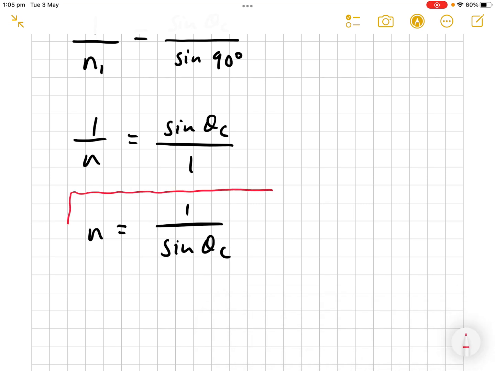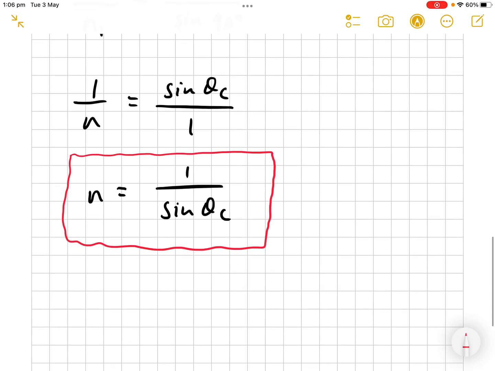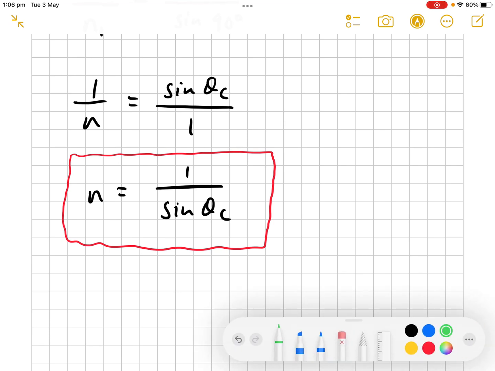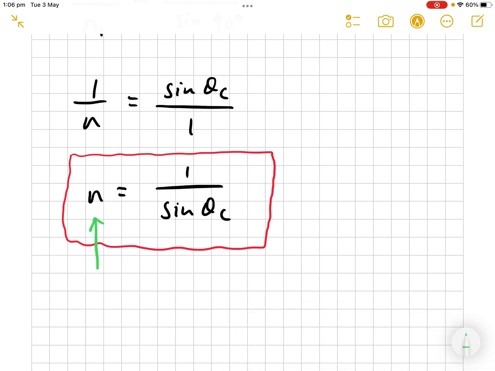So for a given glass or other dense optical medium, the refractive index of the glass is equal to 1 over sine of the critical angle in the glass.